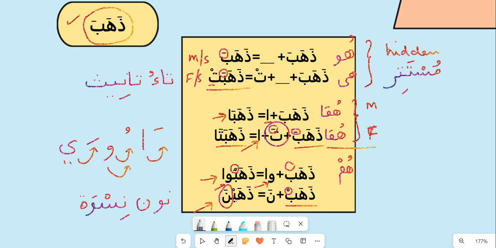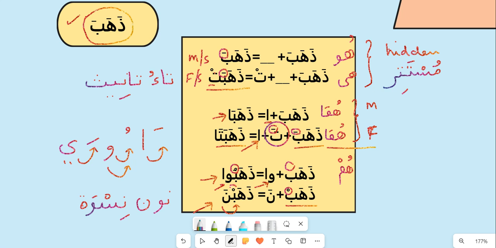So we have different damirs in the mukhatib for female plural and a different damir in the ghaib for female plural. And that's why the sign or the proof that you need to give that this noon fatha is the noon niswa, you need to check a sukoon on the previous letter.